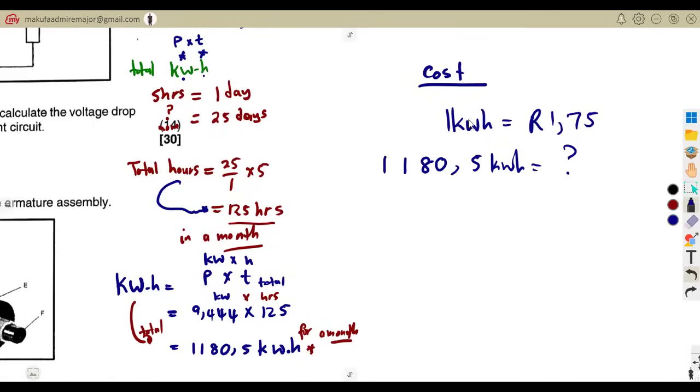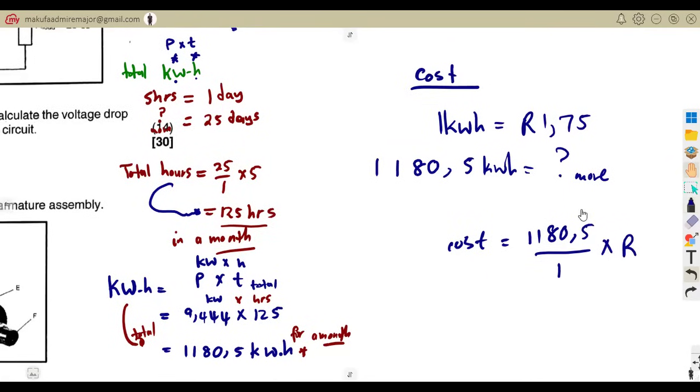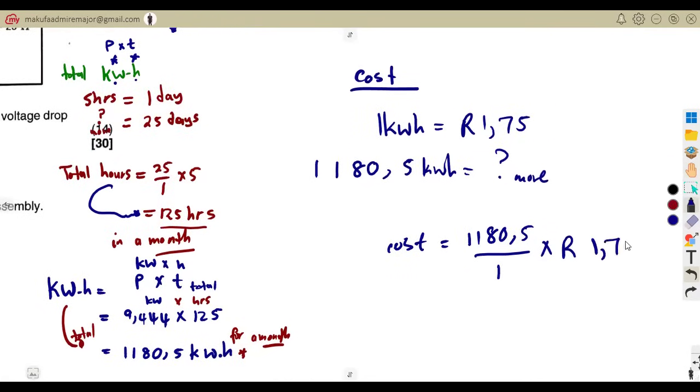The unit cost is from a kilowatt, so you compare it from there. Definitely this is going to be more. So that's this over 1 times 1.75. So therefore our cost was going to be 1,180.5 over 1 times the cost of 1.75. So this will give us the total cost.